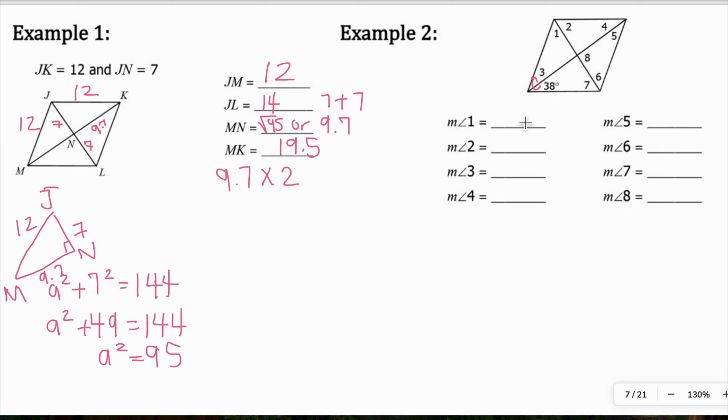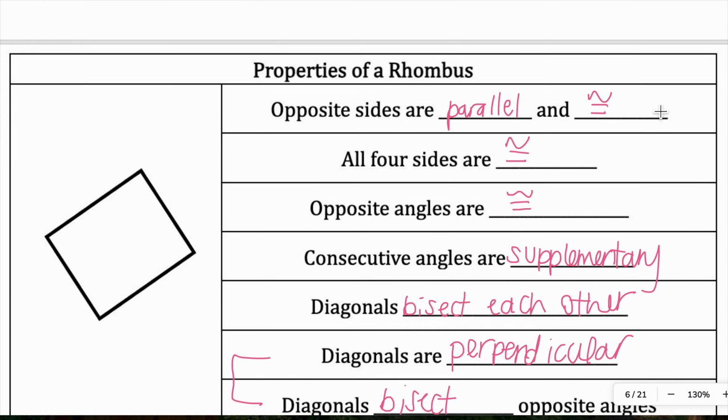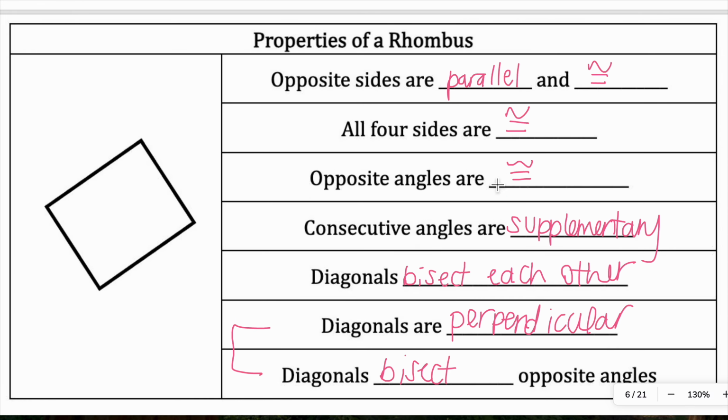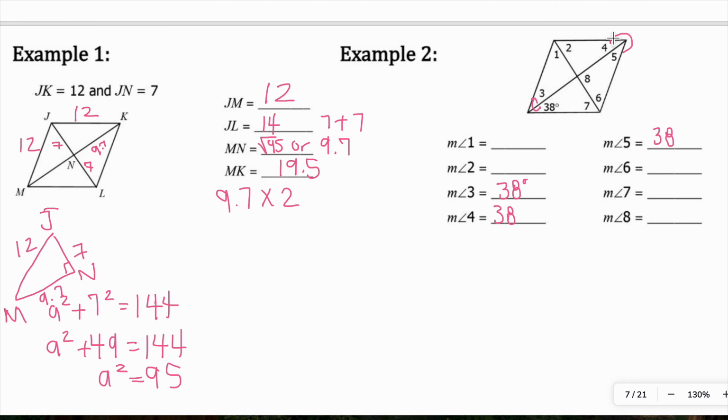Angles 38 and 3 have to be the same because that diagonal is bisecting it, which means angles 4 and 5 are also going to be 38 degrees because opposite angles are congruent. You could also think about these as alternate interior angles. 38 is alternate interior to the given 38.